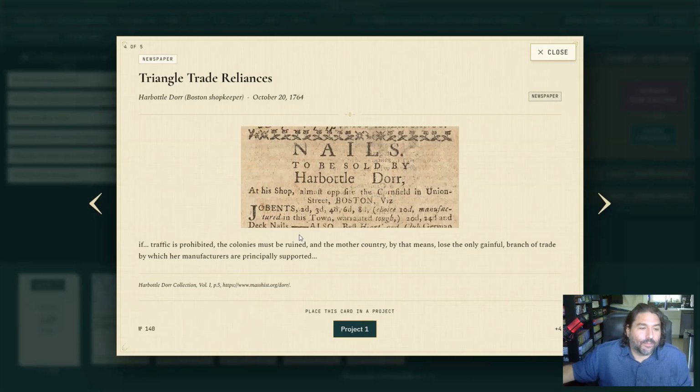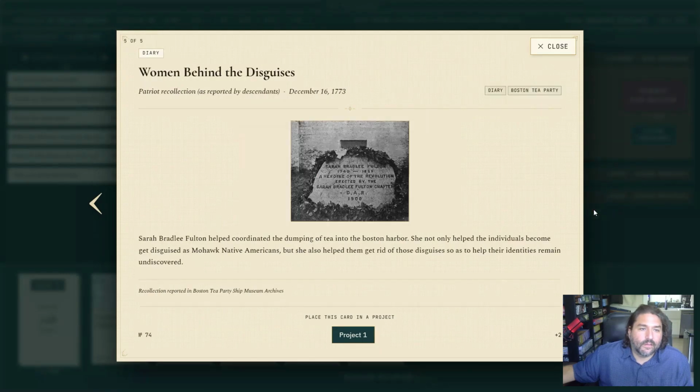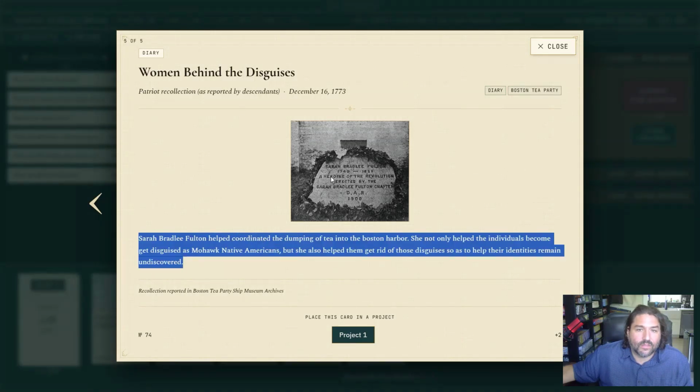Boston shopkeeper. If traffic is prohibited, so this is a response to that very specific act. He's arguing that it's going to ultimately end up ruining our economy. And then Sarah Lee Bradley Fulton. Now, this is a reference to the Boston Tea Party and how it shaped the nature of this key moment.